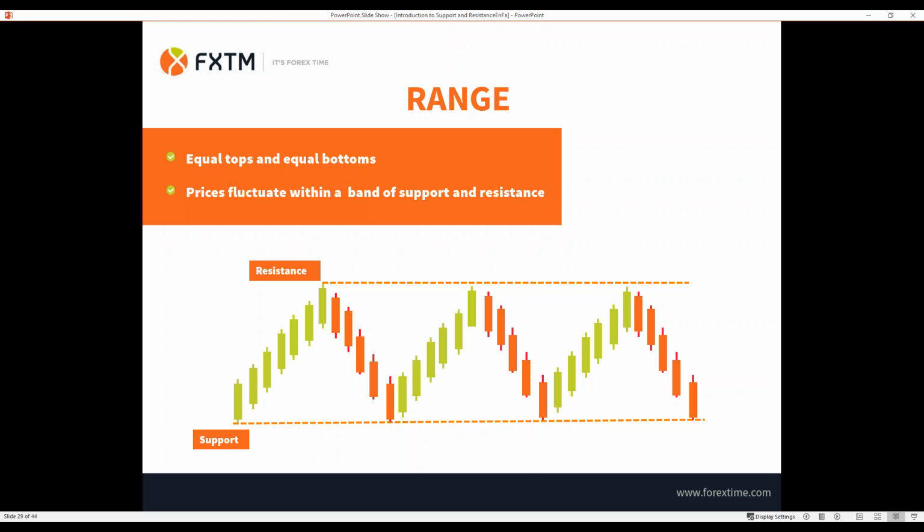And since the tops are not equal, and since the bottoms are not equal, it makes the range very difficult and risky to trade.